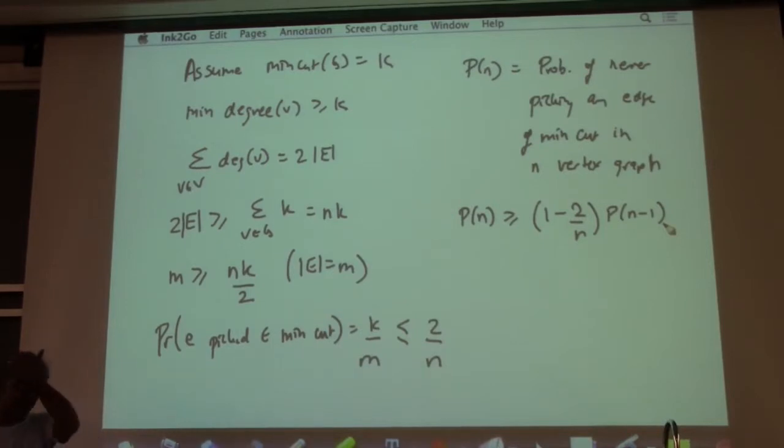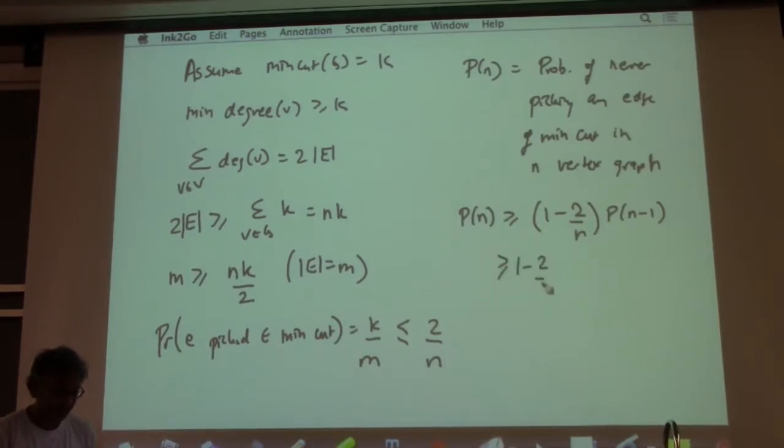And if you analyze this recurrence, the way to do this, of course, is to unfold it. So you get something like 1 minus 2 over n times 1 minus 2 over n minus 1, which is equal to n minus 2 over n times n minus 3 over n minus 1, and so on.